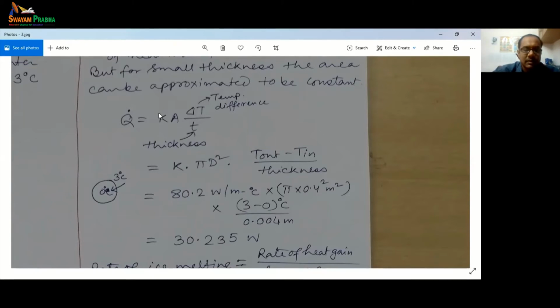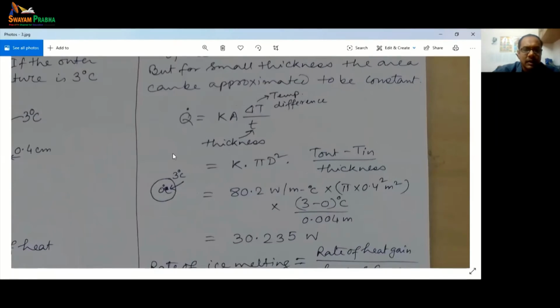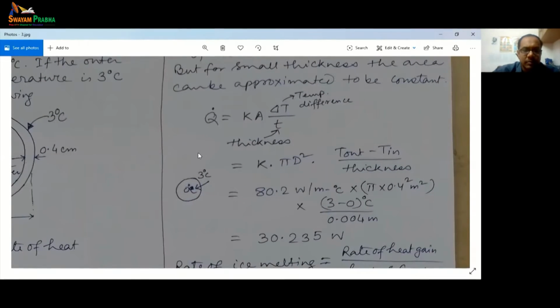Okay, so this is the phenomenological equation of the rate of heat transfer, and everything is known here, everything is given. It is given that it's an iron container, so you know what would be the value of the conductivity K, and this area is nothing but the area of the sphere, and that is pi into d square. And the temperature difference is also given in terms of the inner and outer temperature.